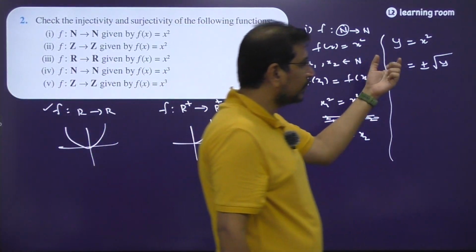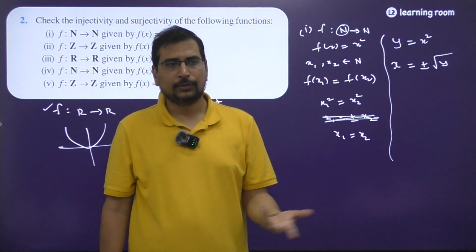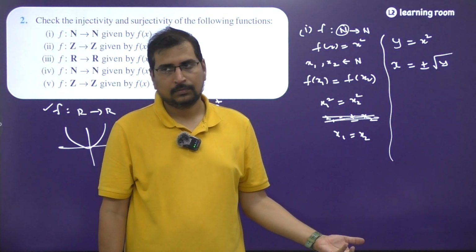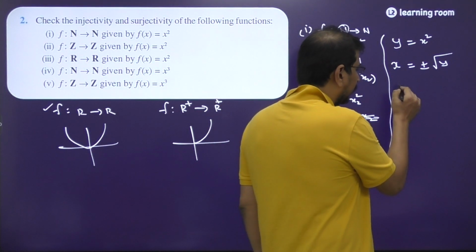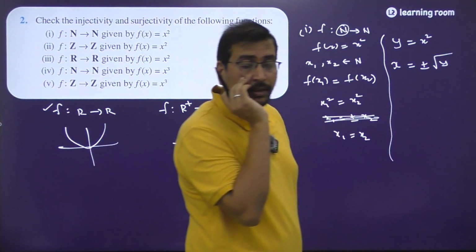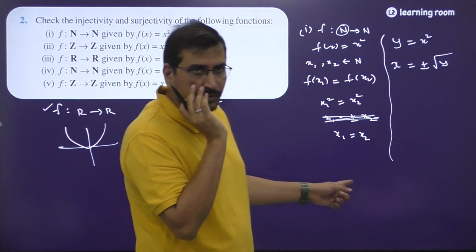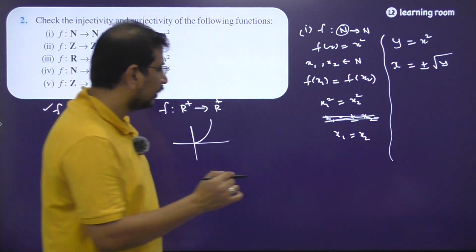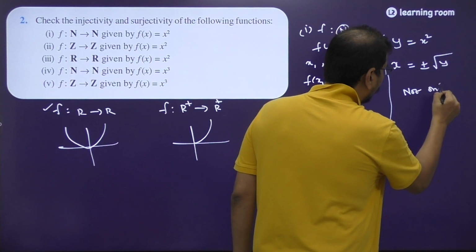But is there a case where you substitute a value of y which will not give you a natural number? 2 itself will not give you, it's an irrational number. So there are certain elements in the codomain set which do not have a pre-image associated in the domain set. So what kind of function is this? It is 1-1, but not onto.